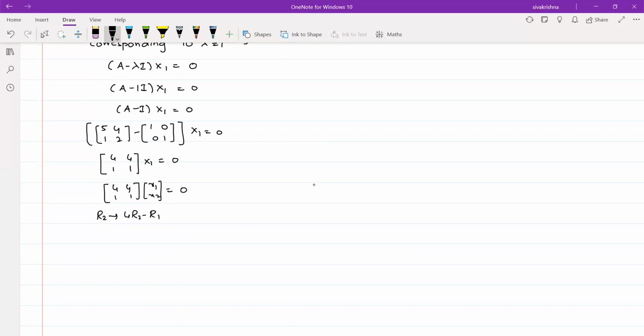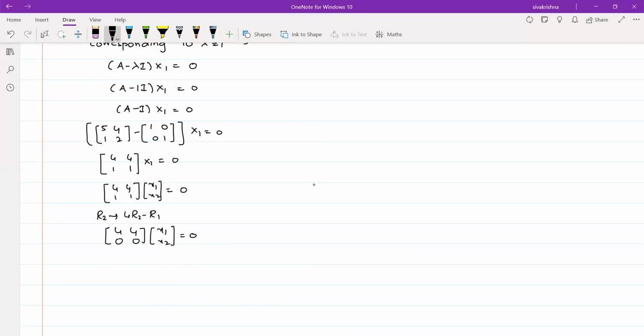If you apply this operation, it is converted into echelon form. I have multiplied the second row with 4 and subtracted the first row from it. So we get 4, 4, 0, 0 into x1, x2 is equal to 0. Yes, this is converted into echelon form.